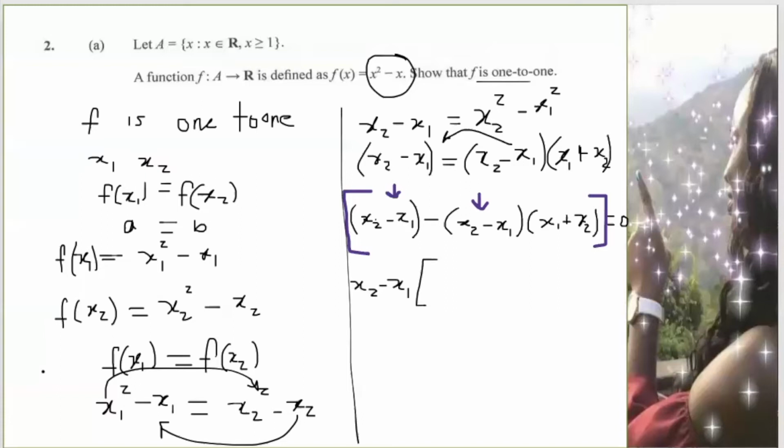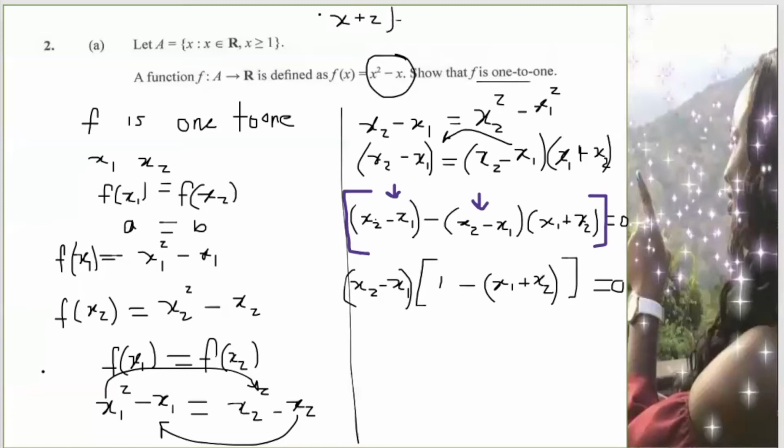Inside my bracket, I'll put a 1 in this position, don't just leave it empty, minus, then my next bracket, which some persons will have as x2 plus x1, but in my case I have x1 plus x2, and you can have it whichever way you prefer. It's the same thing.